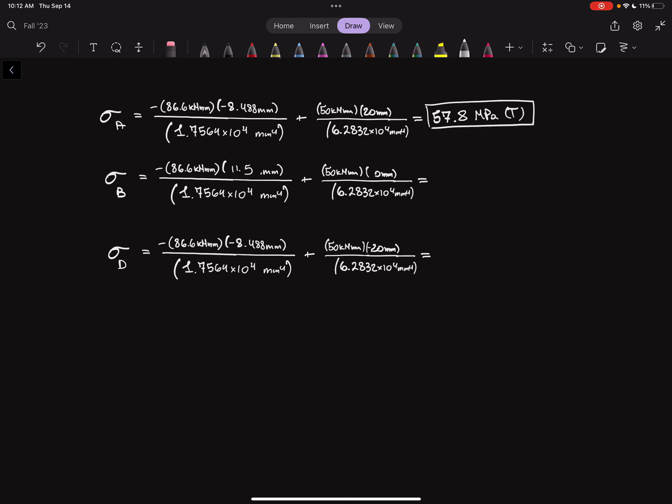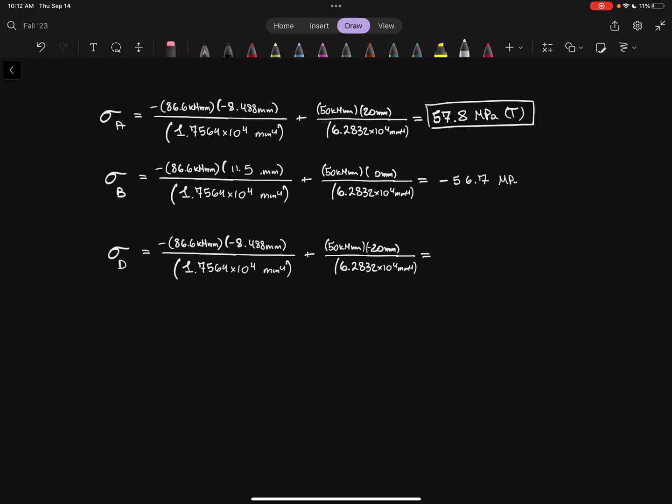Now we could do the same. We just have to change a couple things. We have a 0 on the second term, so that whole thing goes to 0. And the first term has a y of positive 11.5. So that gives us minus 56.7 megapascals. So that's compression.